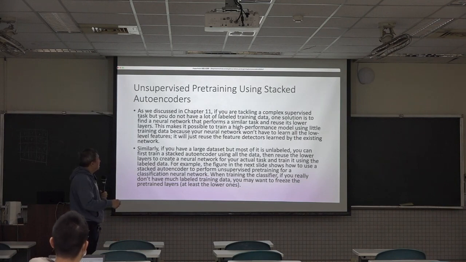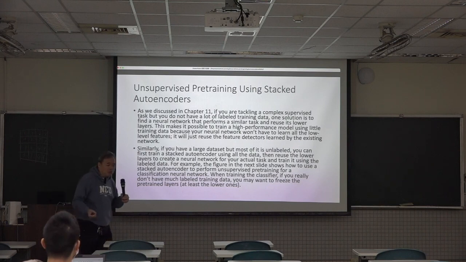If you are tackling a complex supervised task, but you do not have a lot of labeled training data, one solution is to find a neural network that performs a similar task and reuse its lower layers. Transfer learning, we know that, right?